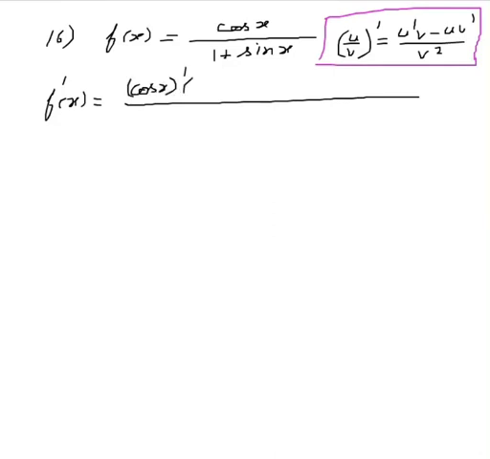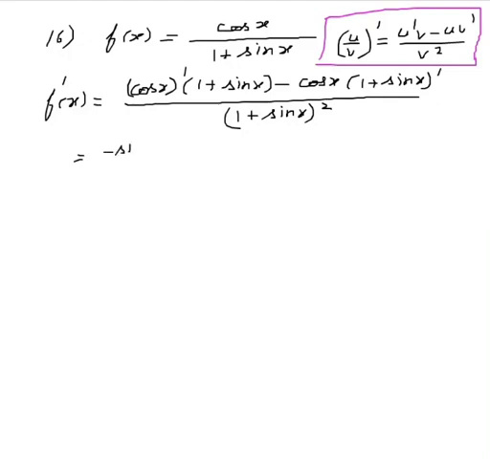(cos x)' times v, which is 1 plus sin x, minus u, which is cos x, times v', which is (1 plus sin x)', divided by (1 plus sin x) squared.